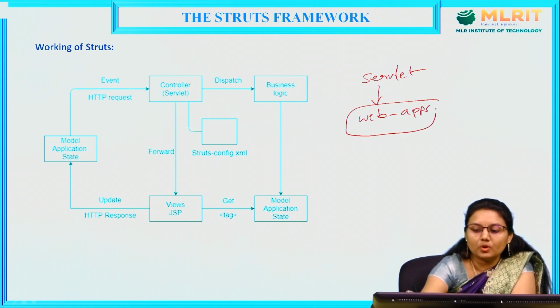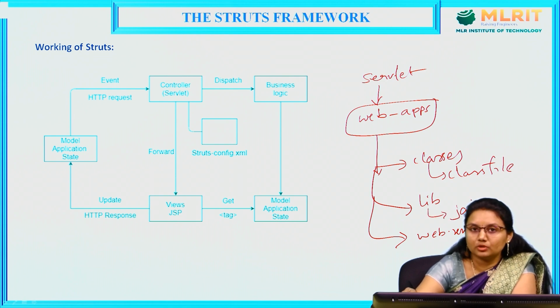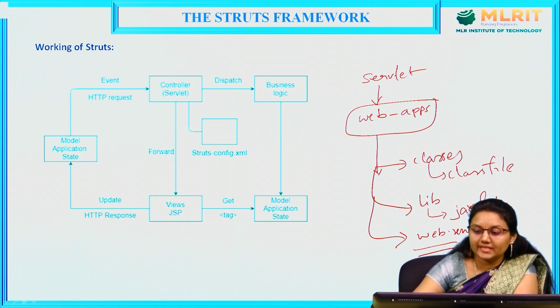In web apps, you have to create a classes folder and a library folder, and also save your web.xml file. In the classes folder, you store your class files, and in the library, some jar files, because we use Java objects and so on. So some jar files need to be kept in the library, and you also have web.xml.